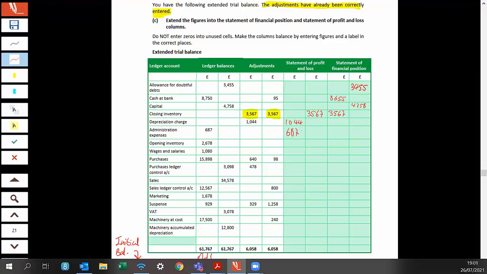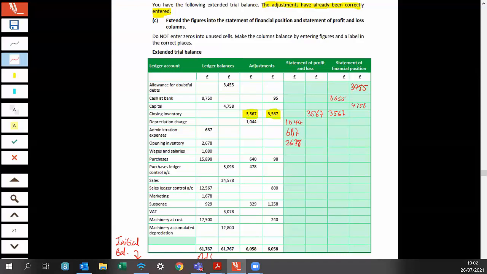And then opening inventory. Again, a couple of different ways we can look at opening inventory. This doesn't go on the statement of financial position. Consider this within your cost of sales calculation. Again, you've got the opening inventory plus your purchases less your closing inventory. So what we can say here is if we've got the closing inventory on the credit side of the P&L, the opening inventory, just by the simple rules we've been working in, is going to be the opposite.